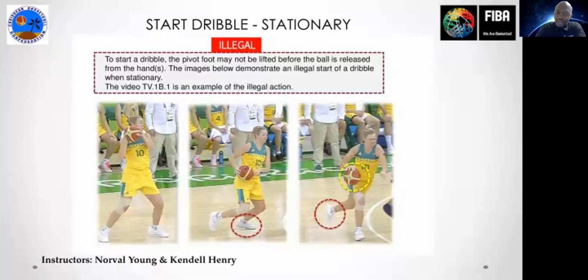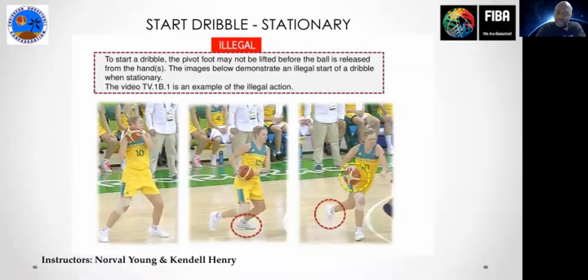But the ball is still in hand. In the third picture, we see that the pivot foot is lifted from the floor. However, the ball still remains in the player's hand. Hence, that is an illegal movement. It's a violation, it's a travel.